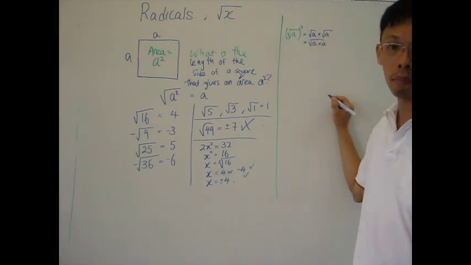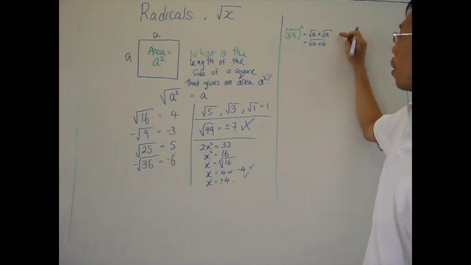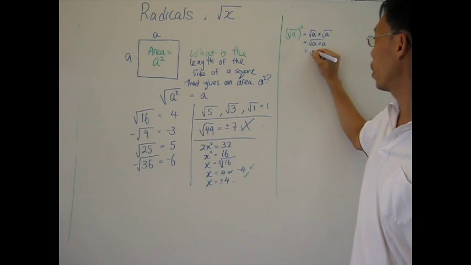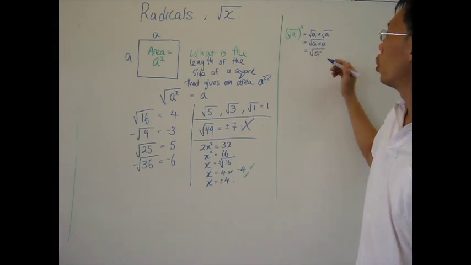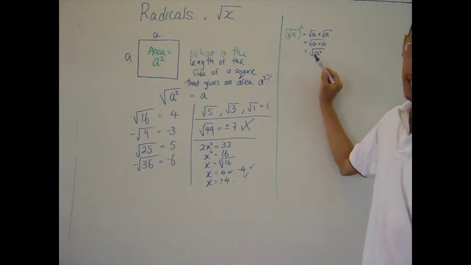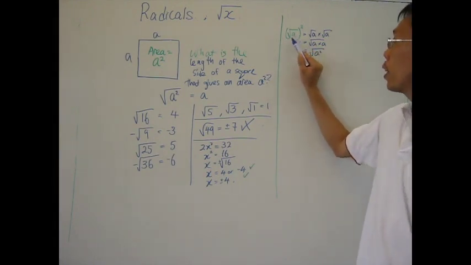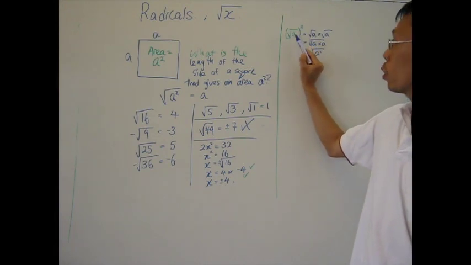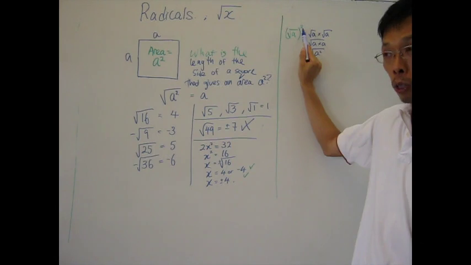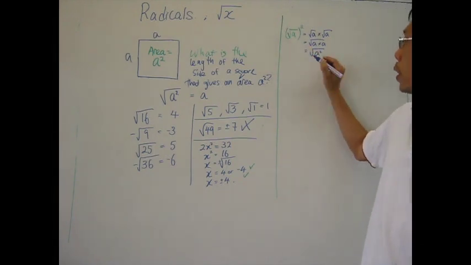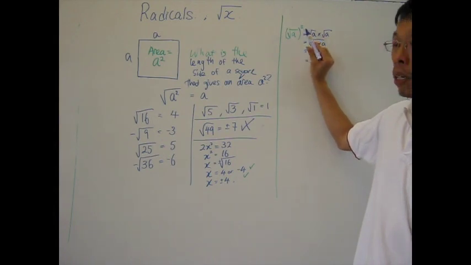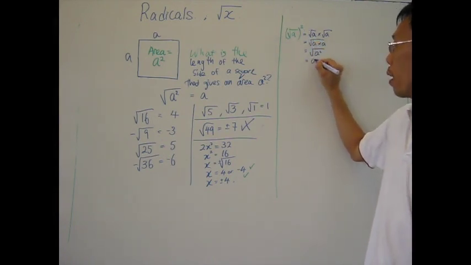This is another rule. When you have something like this, I can combine them together like that. So that becomes square root of a squared. So these two things are exactly the same. In fact, the square root is the inverse of the power 2. So here the square root and the power 2 cancel off, and you are left with a.